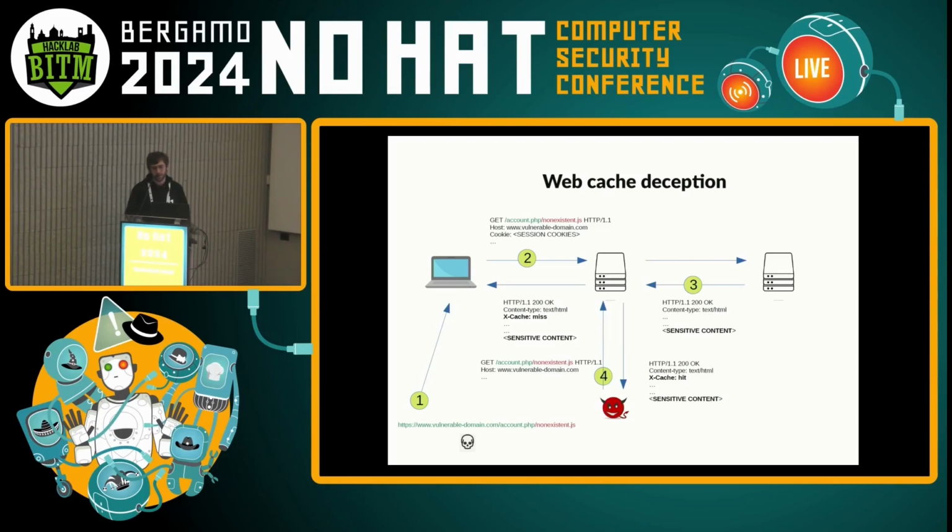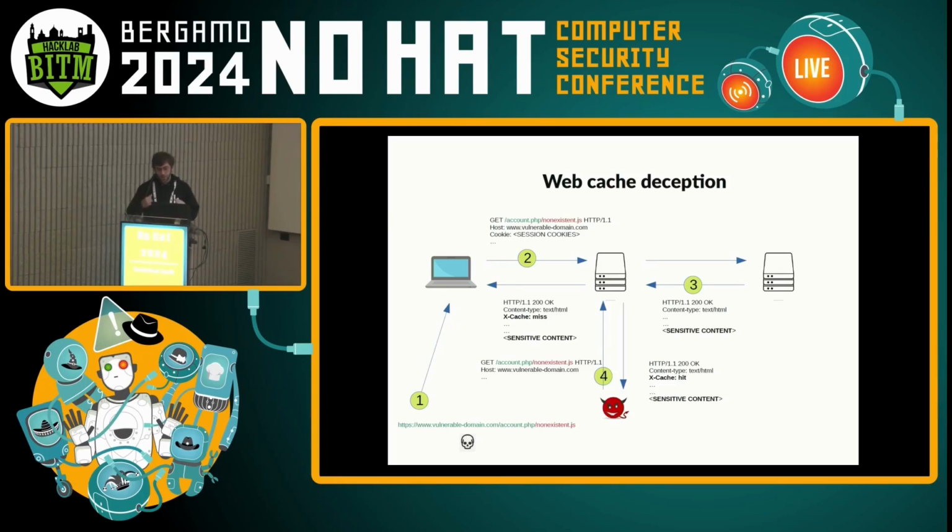This is the basic schema diagram of a web cache deception attack. In this example, an attacker sends a link to the victim. The link contains an initial part with an existing resource like account.php.